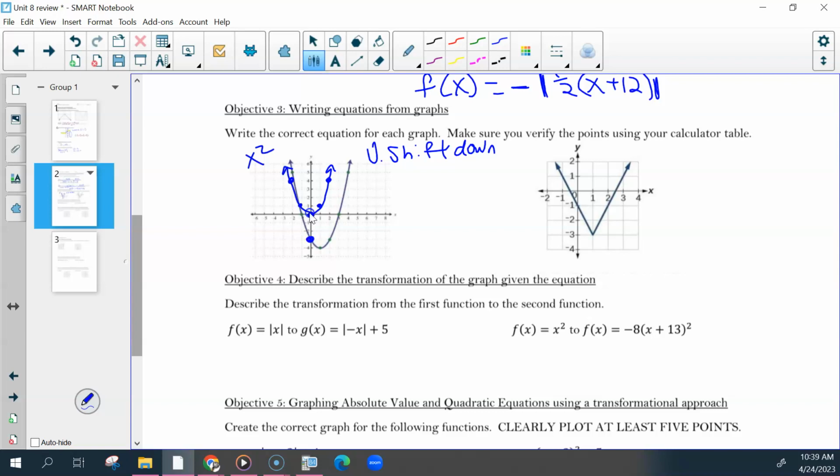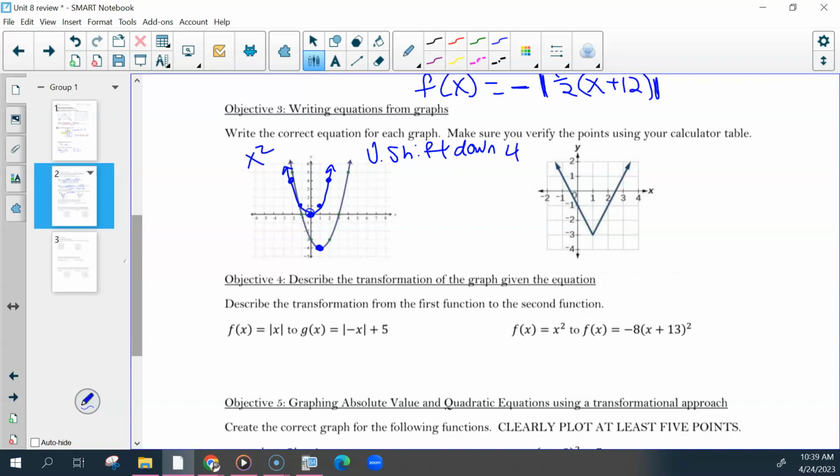This is the vertex. Look at the vertex of this. How far did that move down? Four.